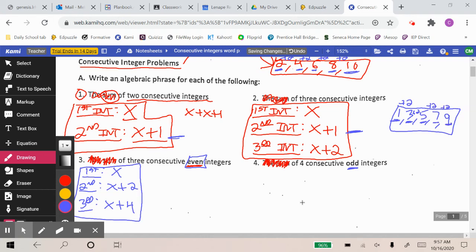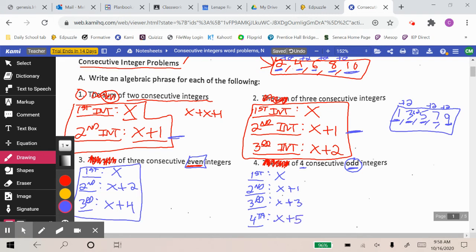All right. So if I want to get the setup for 4 consecutive odd integers, the first is always going to be x. And then let me just write out second, third, and then fourth. Now, this is where it gets a little bit tricky. I'm going to put a mistake on here so you don't have to take this down. The common mistake is students will look at this and they'll say x plus 1, x plus 3, x plus 5.